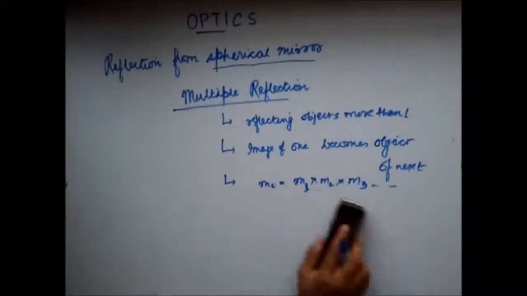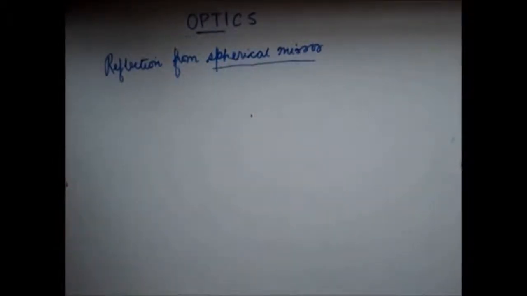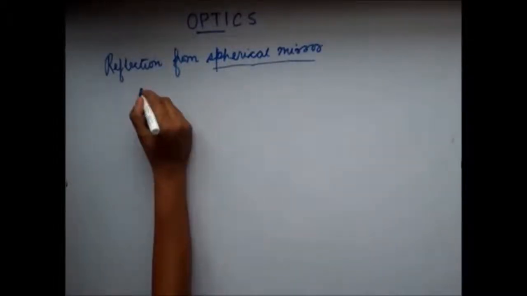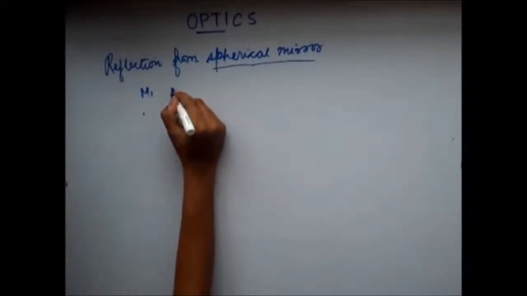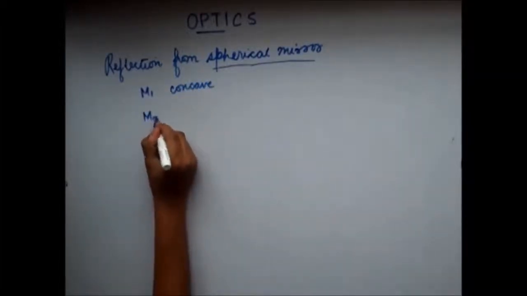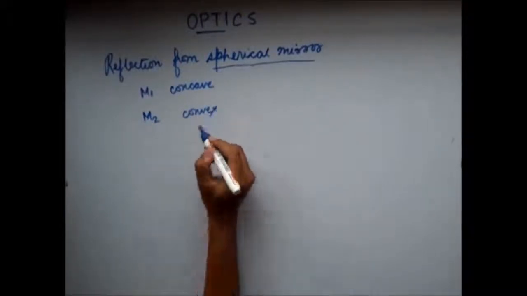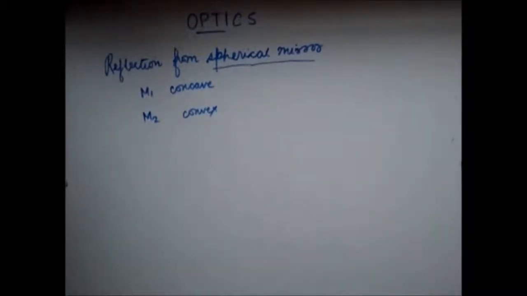Now let's take an example. It says, let's assume that there is a concave mirror M1 and a convex mirror M2. These are placed coaxially facing each other.